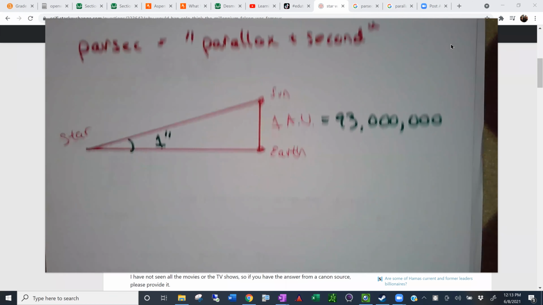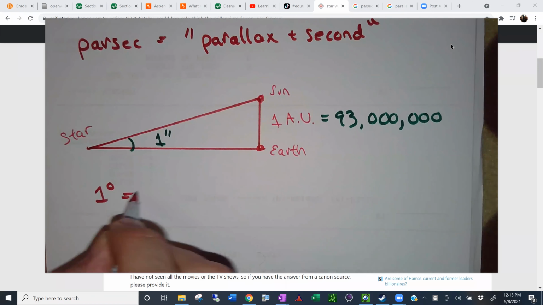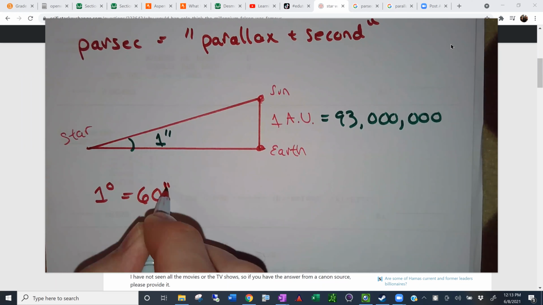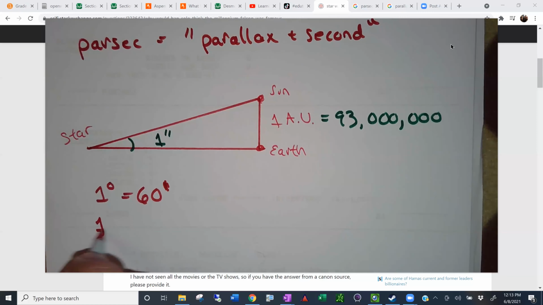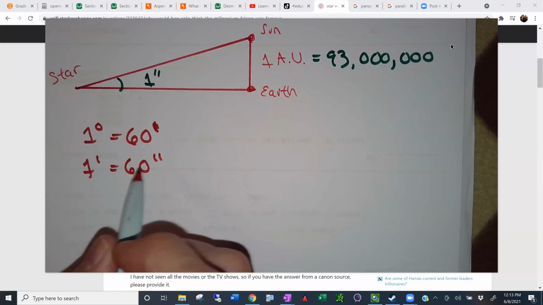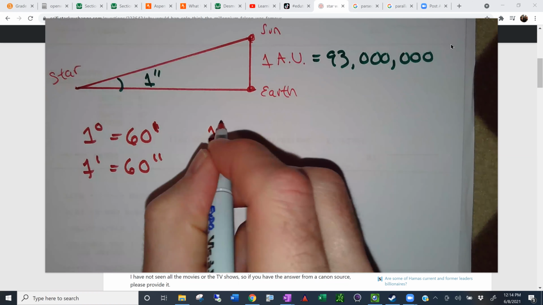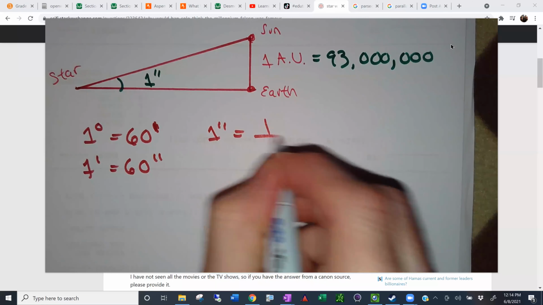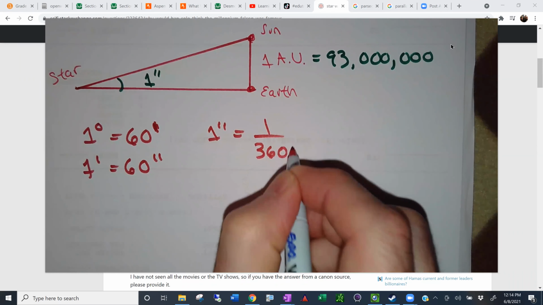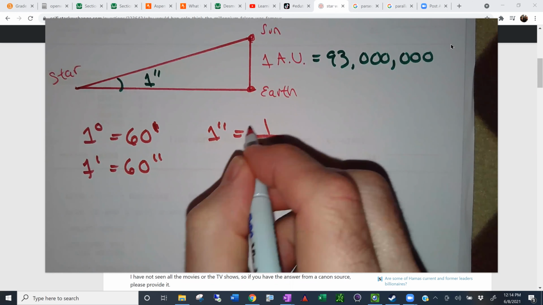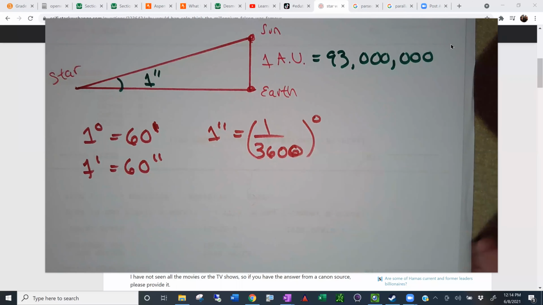So remember, 1 degree has 60 minutes, and 1 minute has 60 seconds. So if you work with these two together, you'll find out that 1 second is 1 over 60 squared, or 1 over 3,600ths of a degree.